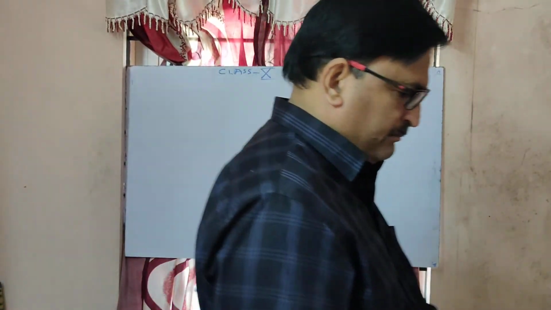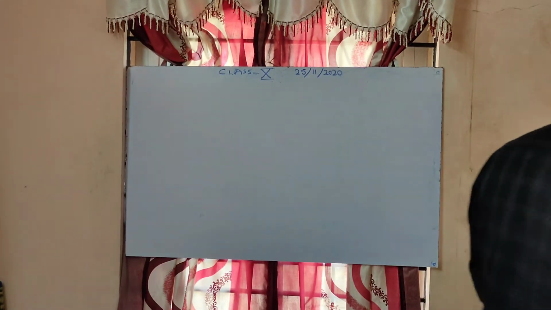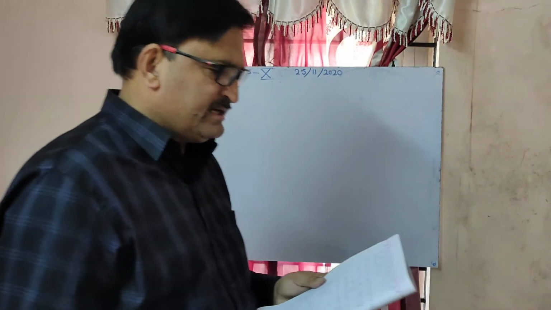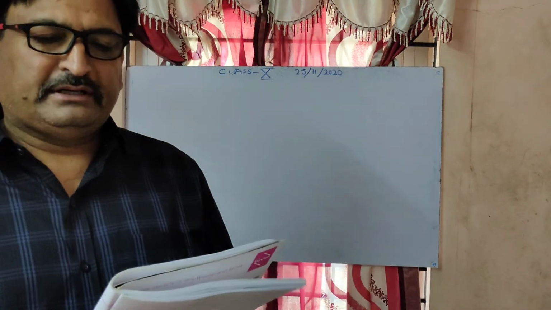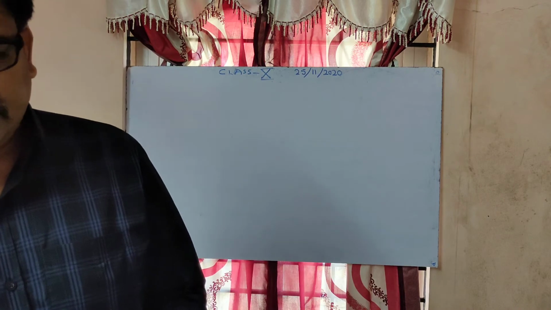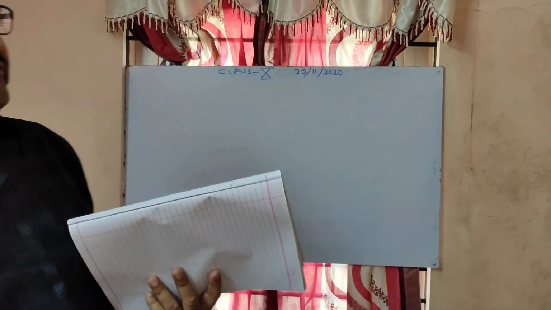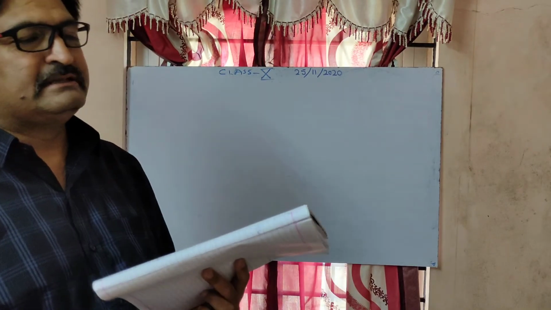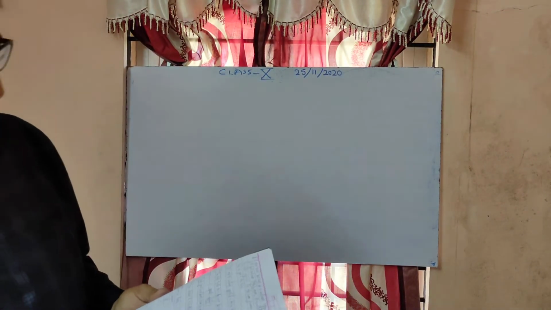So what is the next example? A train travels 360 km at a uniform speed. This type of example we have done in the first exercise, isn't it? You might remember.